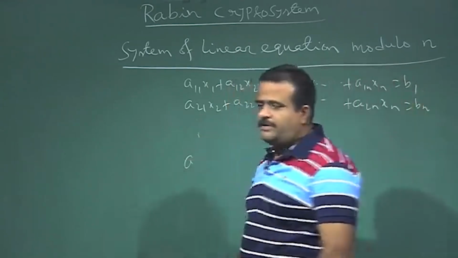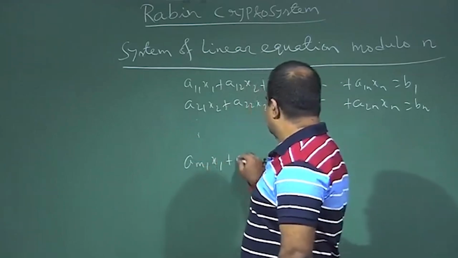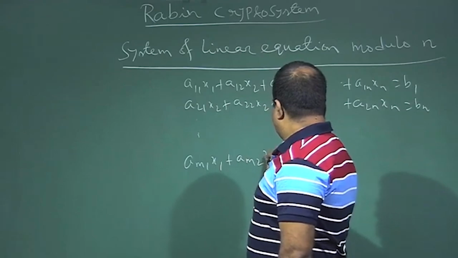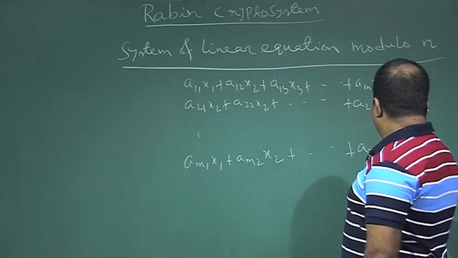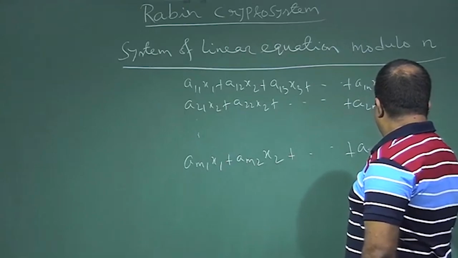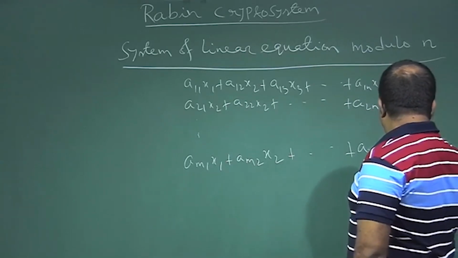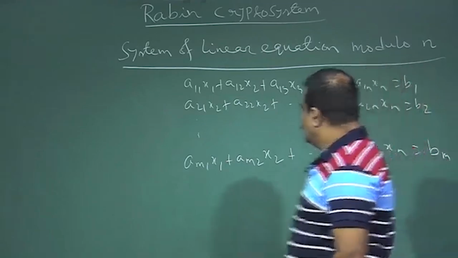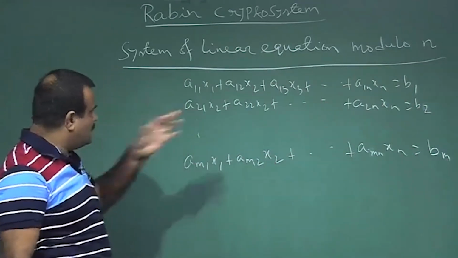Suppose there are m equations, so am1 x1 plus am2 x2 plus up to amn xn equal to bm. So this is a system of equations. There are m equations and n unknowns.